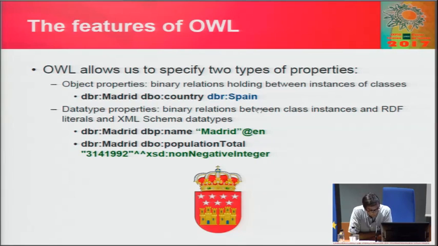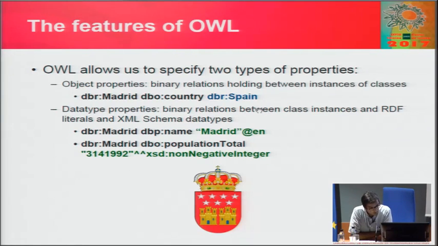And then you have data type properties, which are, again, binary relations, but this time they hold between class instances and RDF literals or XML schema data types. So, for example, the name property, which you can read as "A has the name B", holds between, in this case, the city Madrid and the string "Madrid" in English.